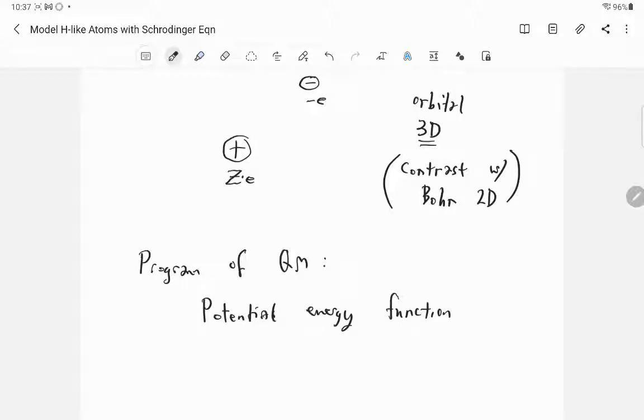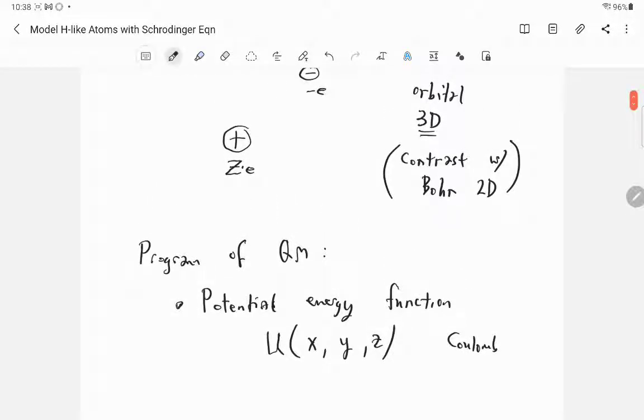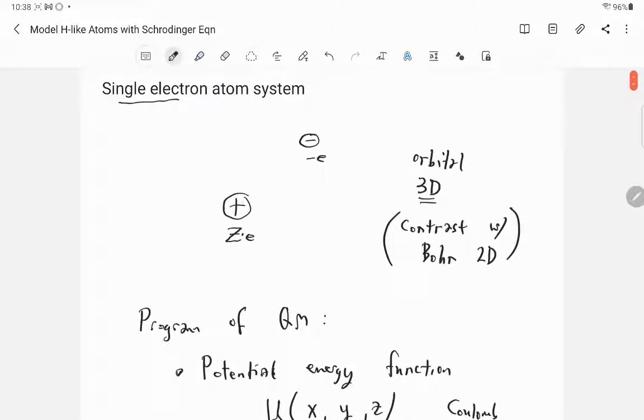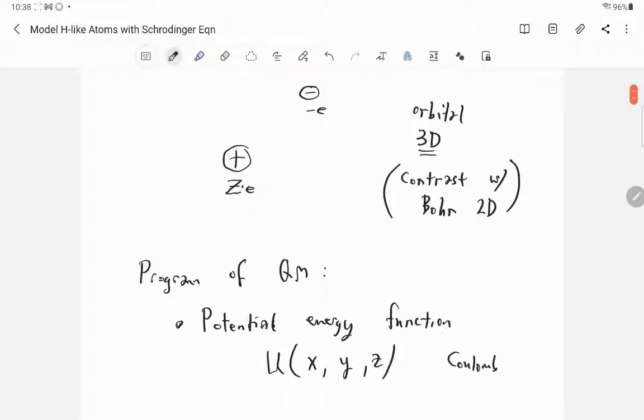And the potential energy function in three-dimensional space can be a function of x, y, and z coordinates. You already know how to understand it: it's got to be the Coulombic one, right? So these two things are attractive. The electron is attracted to the nucleus, and the further separated they are, the larger the potential energy. It goes with the inverse of the distance between them.